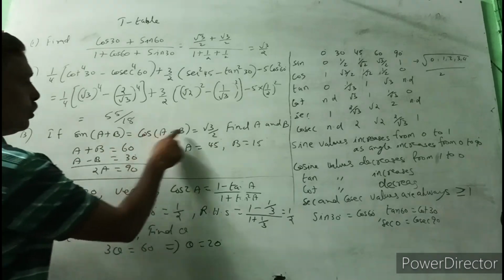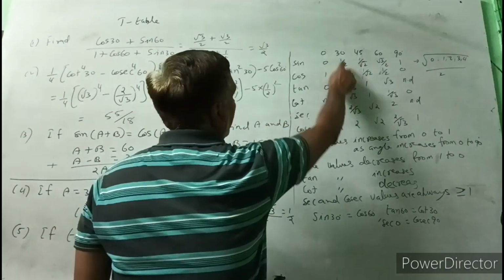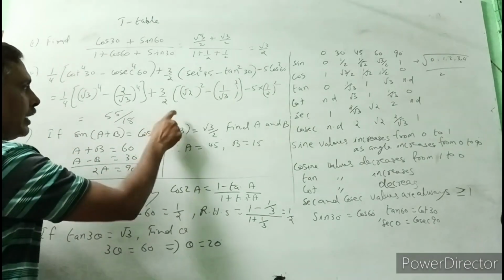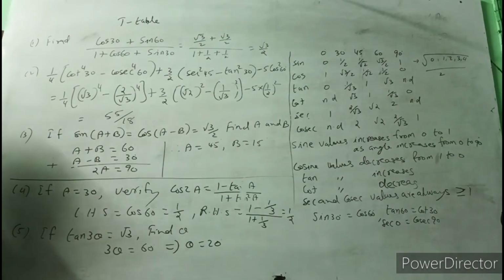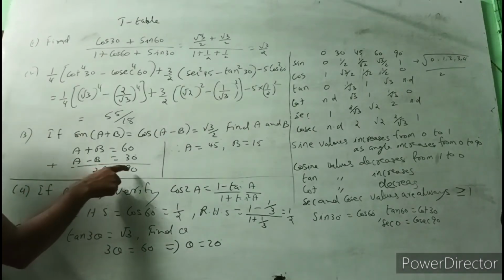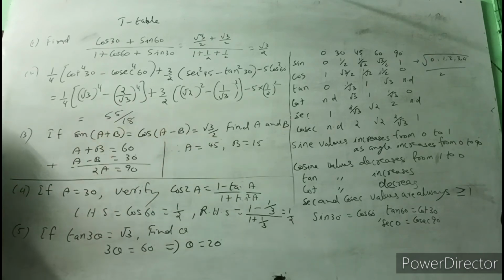Similarly, cos of a minus b is root 3 by 2, and root 3 by 2 comes at 30. That is why a minus b here when you write 30, then only this will come. So a minus b equals 30. Adding and simplifying, we will get a is equal to 45. So put that a here, you will get b is equal to 15. This type of question is very important.